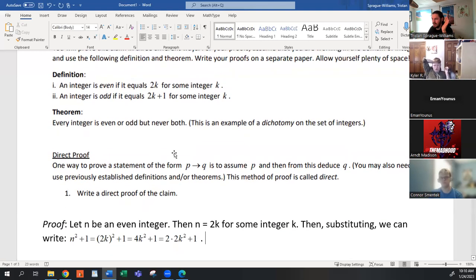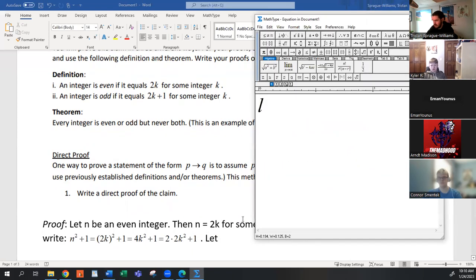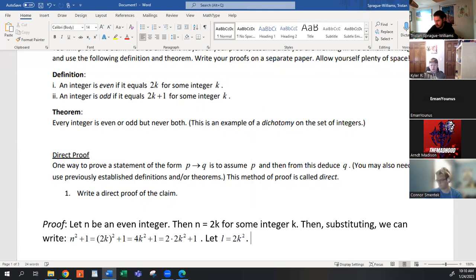So instead of writing 2k plus 1, I maybe want to choose a different letter. Instead of k, maybe we'll use L. That's usually what I do. If I've used k and I want another letter, I usually use L. So what I'm going to say next is let L equal 2k squared.